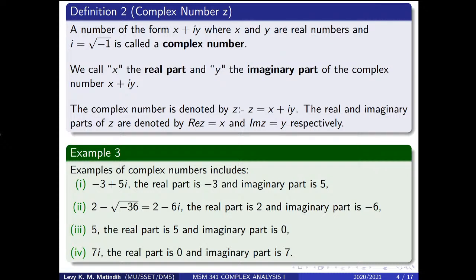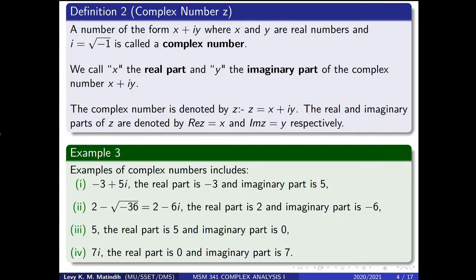Just remember that a pure imaginary number is a product of a real number and the square root of negative 1, which is i. So we call it a pure imaginary number.